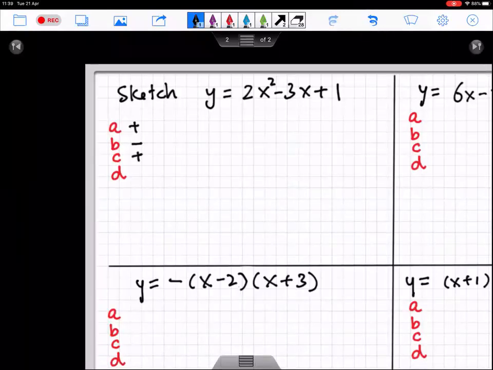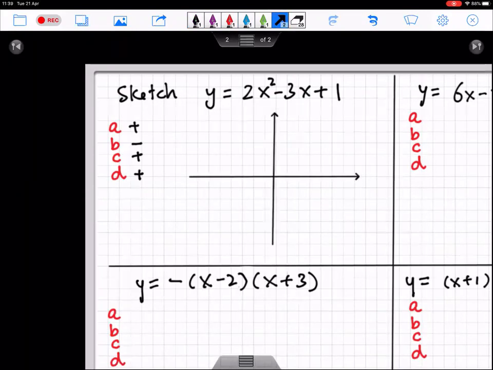And D will be B squared minus 4AC, 9 minus 4 times 2, so it is a positive number. This is how I find out the polarity of A, B, C, and D. Now we can find one parabola that fits all these A, B, C, and D. It opens up, right?